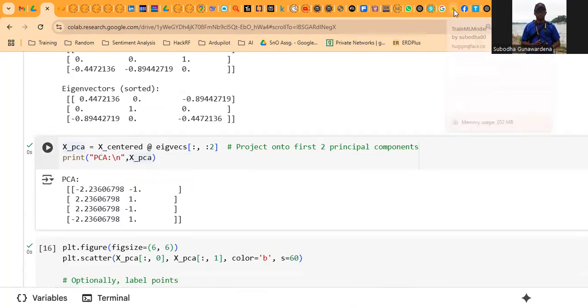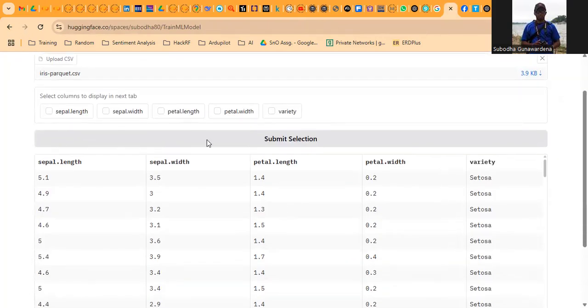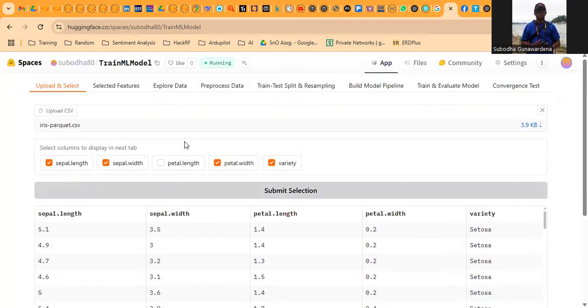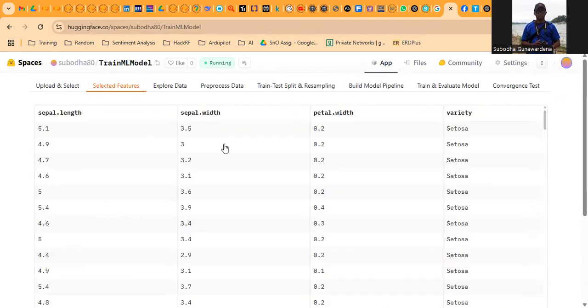If I go into my previous example, at the beginning I selected only three features. So instead of these three features, I have come up with two new features such that those two features represent almost 100%, or 99.999 some percentage, of all the variance of the set of data.